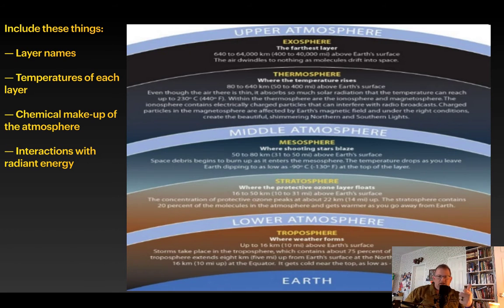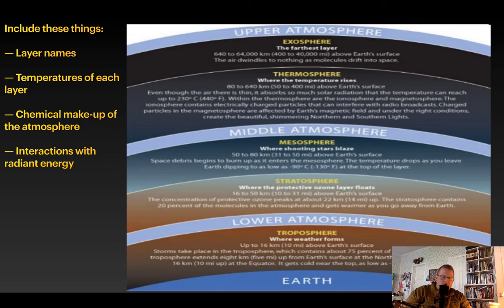Okay, temperatures get colder as you go up the troposphere. When you get to the top of the troposphere, it's about a negative 103 degrees. Now, what's important here is that this part of the atmosphere is where 75% of the atmosphere is located.